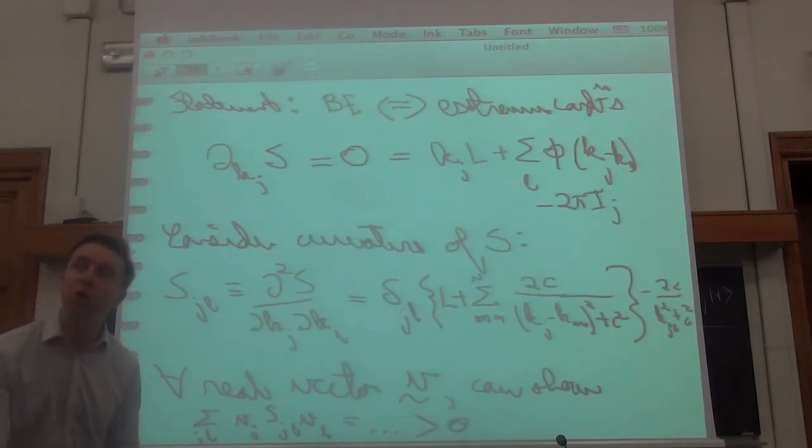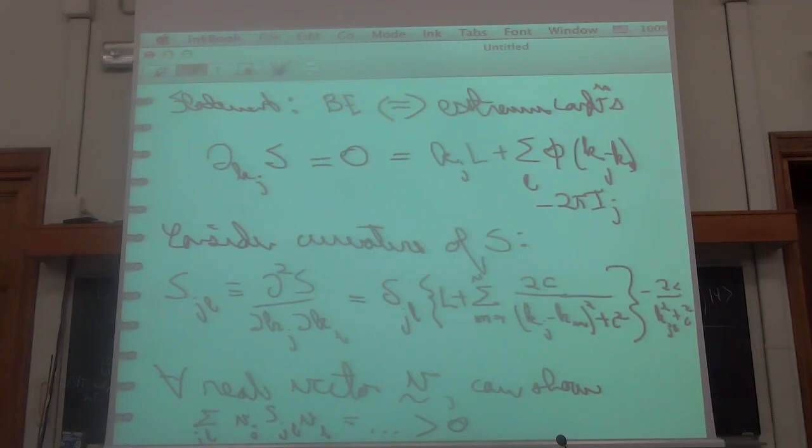This is done in the notes. So what that means is that this S_jl is the matrix of second derivatives, the Hessian of this function. If you're sitting at the solution of the Bethe equations, irrespective of which direction you start moving, represented by this vector v, you will go up. Therefore, the extremum is indeed a global minimum.